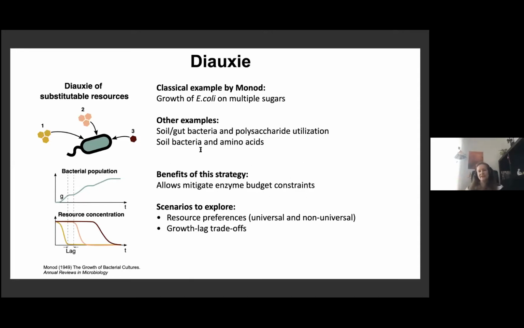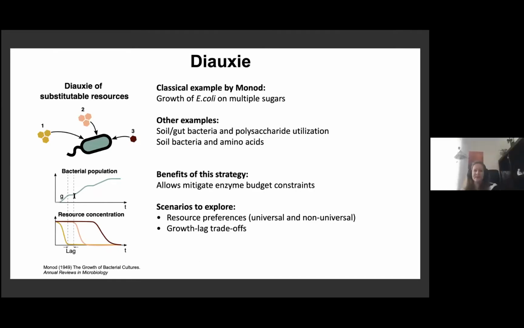The main benefit for the microbe in this strategy is that it resolves this enzyme budget limitation. Because you, as a microbe, can invest everything in your most favorite resource that gives you the highest growth. You can flourish, then you can have this regulatory switch to the next preferred resource, and so on.